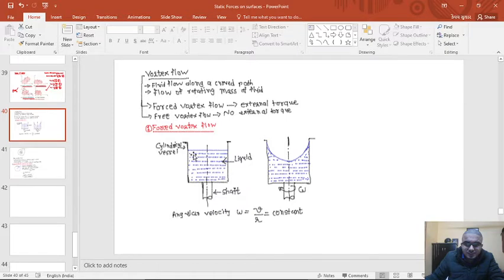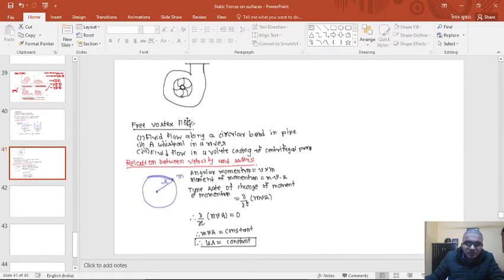As you can see in this figure, we are having a cylindrical vessel which is being connected with the shaft, and liquid is kept inside it. Once the shaft is rotated, we can observe a vortex flow in a vessel. The angular velocity is given by omega is equal to v upon r is equal to constant.